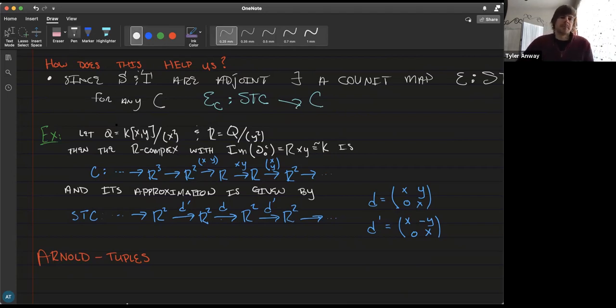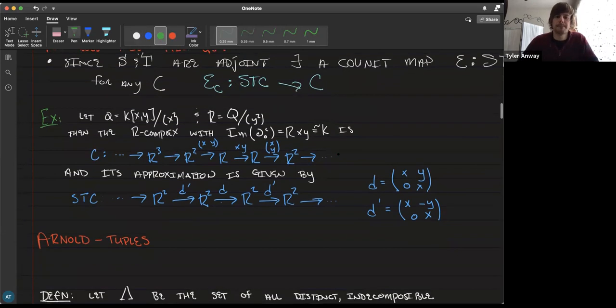If we take Q to be this polynomial ring in two variables modded out by x squared, and R to be the quotient ring of Q modded out by y squared, then the R complex associated to the residue field is given by this complex here, which notably has linear growth of the Betti numbers.